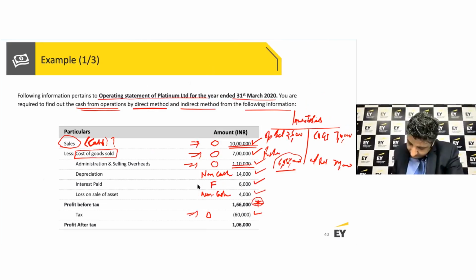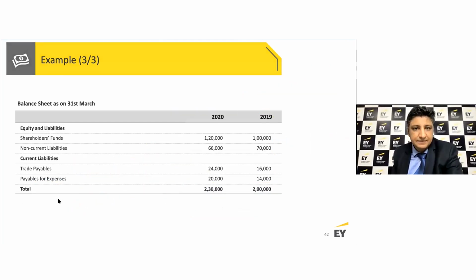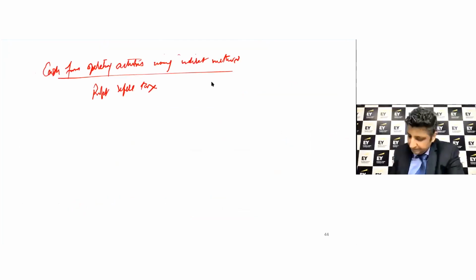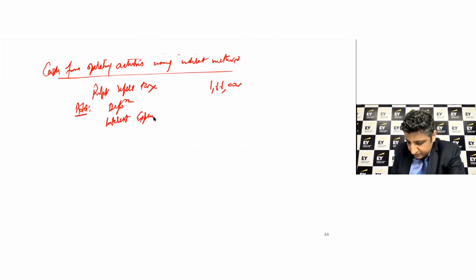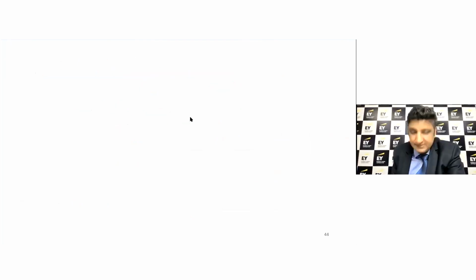And then we have this item, which is non-cash, this is financing, and this is depreciation. We just need to add these all back, right? Loss on sale, interest paid, and depreciation. So we start with 166. Right, we're saying add depreciation, interest expense, and loss on sale of asset, right?